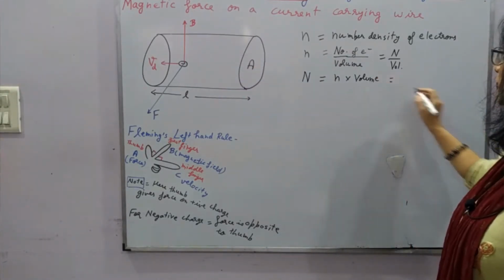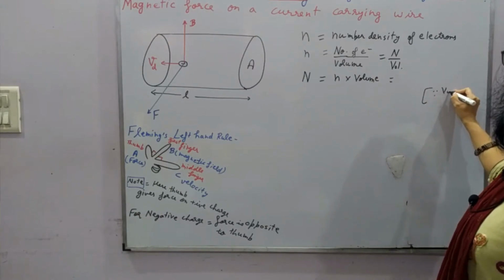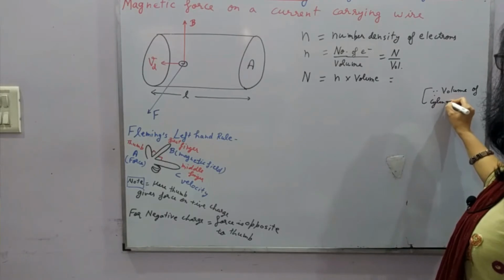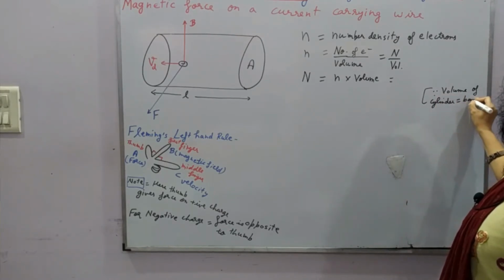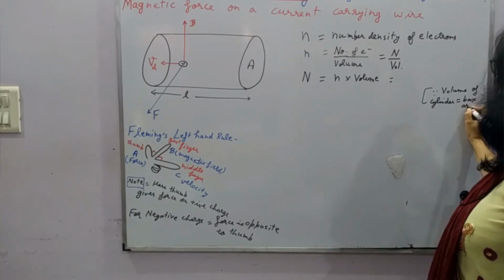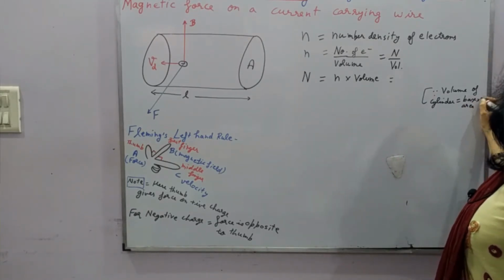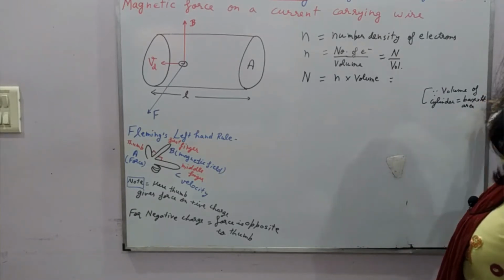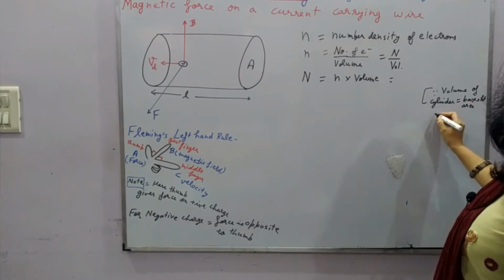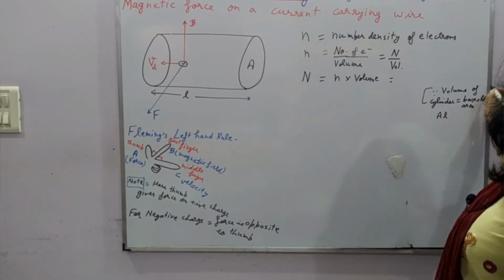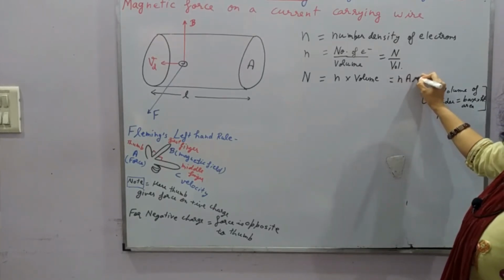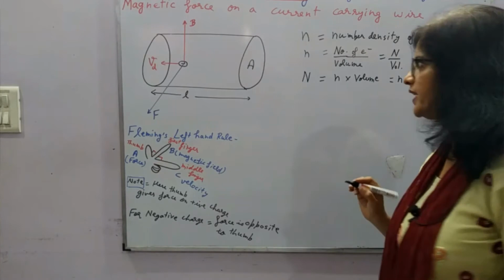We know that the volume of a cylinder is equal to base area into height, right? So base area into height means A into L over here. So I'll write here n into A into L, right?